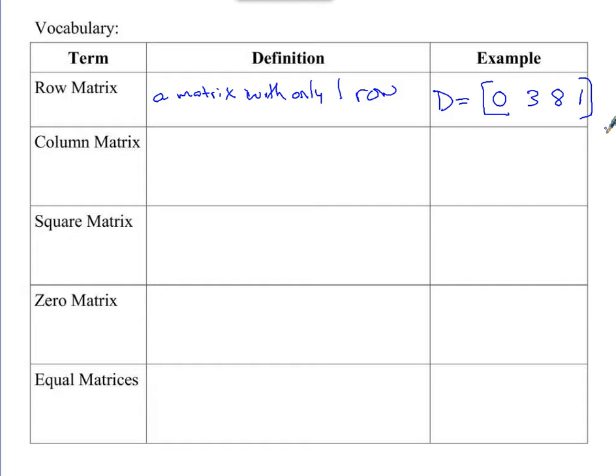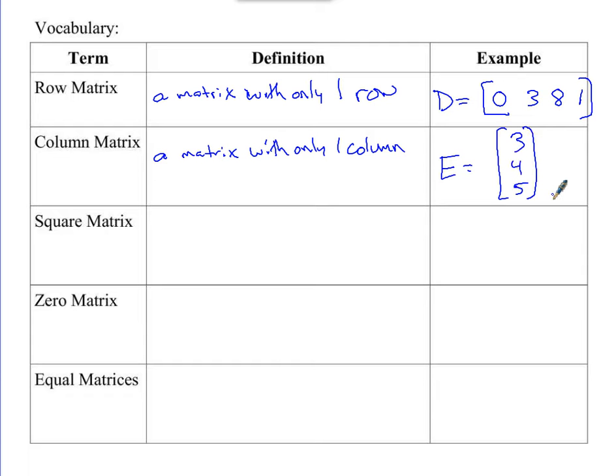A matrix with 1 column, that's right. So an example of that, maybe I have matrix E equals, and I just have 1 column, 3, 4, 5. How many rows are there in that column matrix? There's 3 rows, but it's only 1 column, and that's why it's a column matrix.